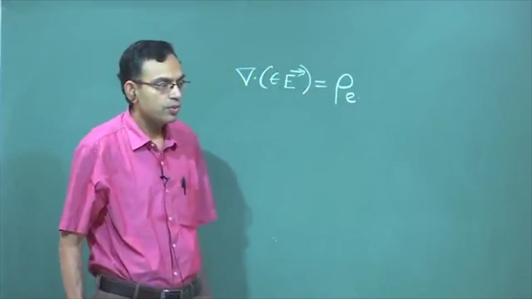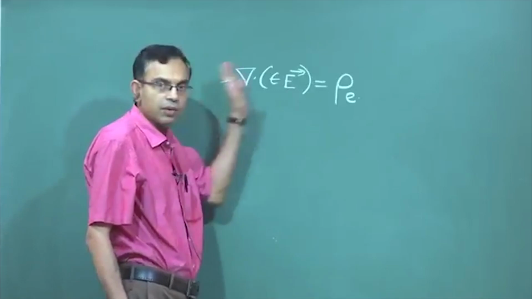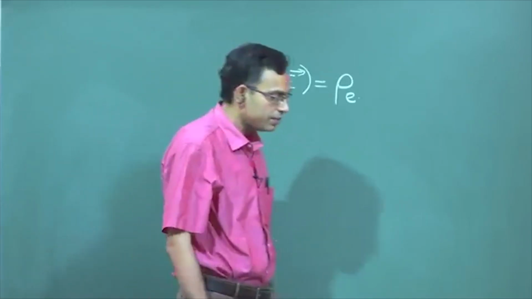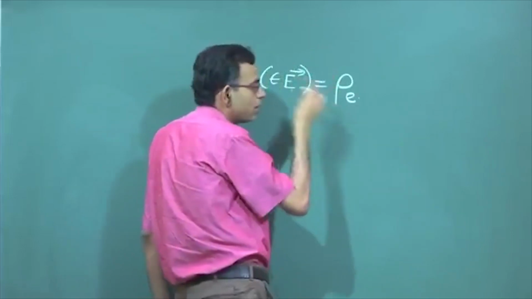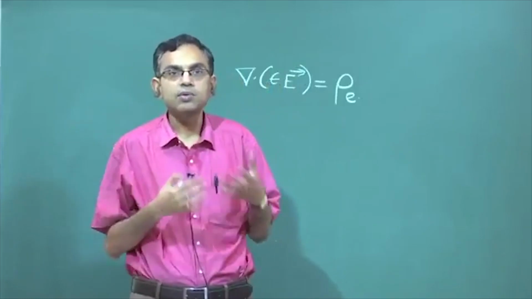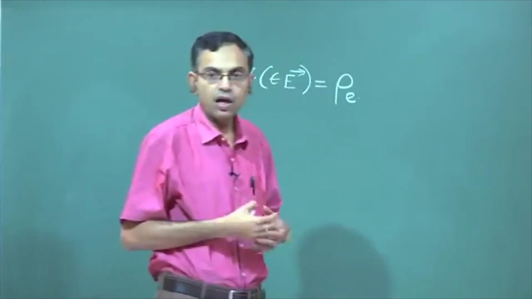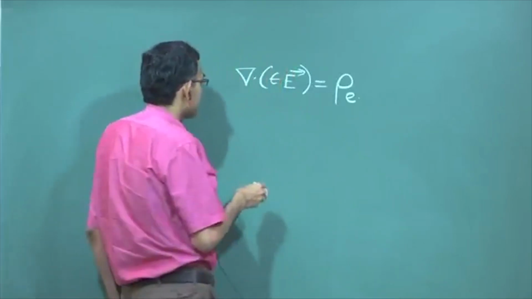This is the Poisson equation with which we finished our previous lecture, and we concluded that this equation has to be combined with the Boltzmann distribution to solve the potential distribution within the electrical double layer. How that can be done, we will get into that now.